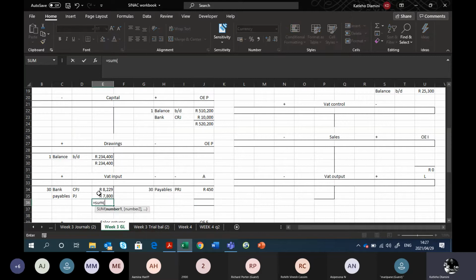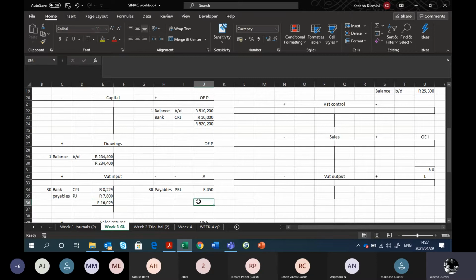The sum of these two amounts over here is the bigger side. And obviously that's not true. This is not balanced yet. So my balance carried down is the difference between that and that. So now I'm balanced. Why did I do it like this? I have no idea.